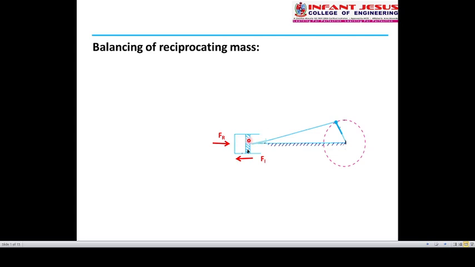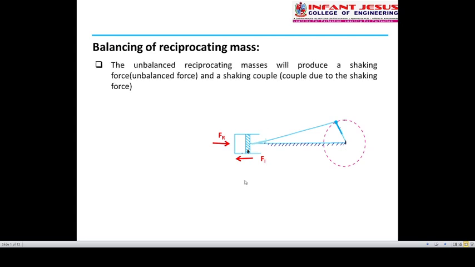The rotating masses here can be balanced using the methods we have seen earlier. The unbalanced reciprocating masses will produce an unbalanced force, and this unbalanced force is called the shaking force. The unbalanced force here is the inertia force.